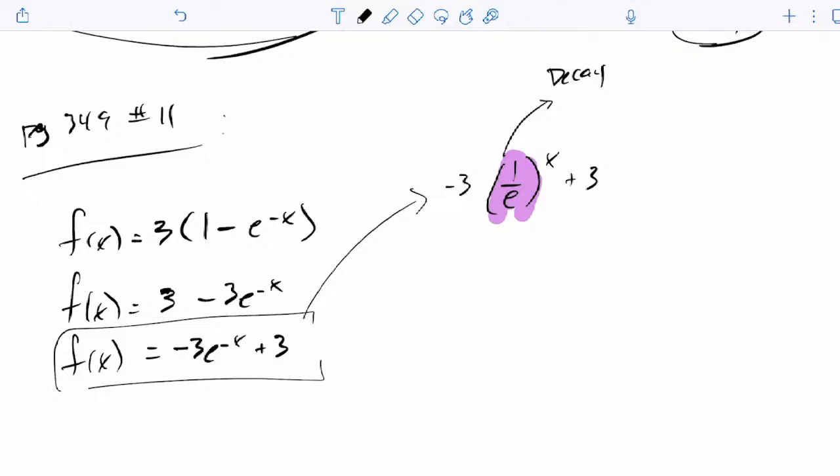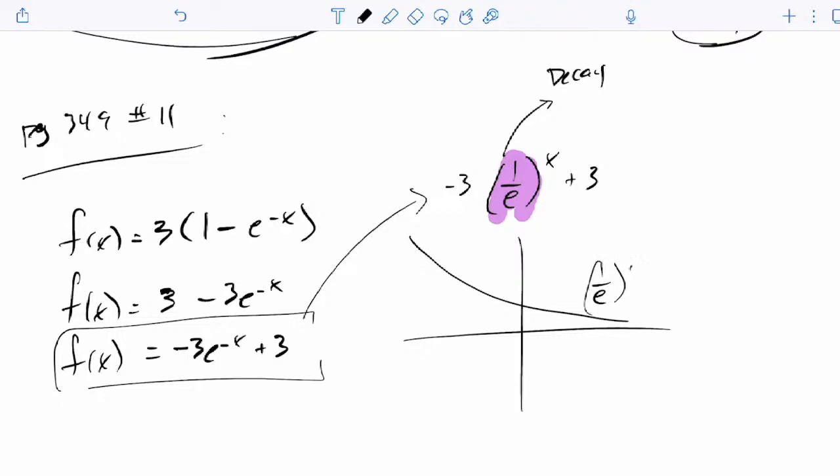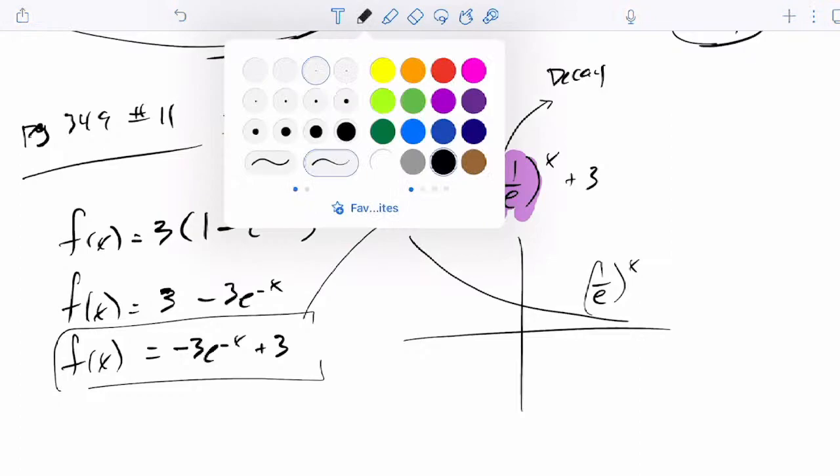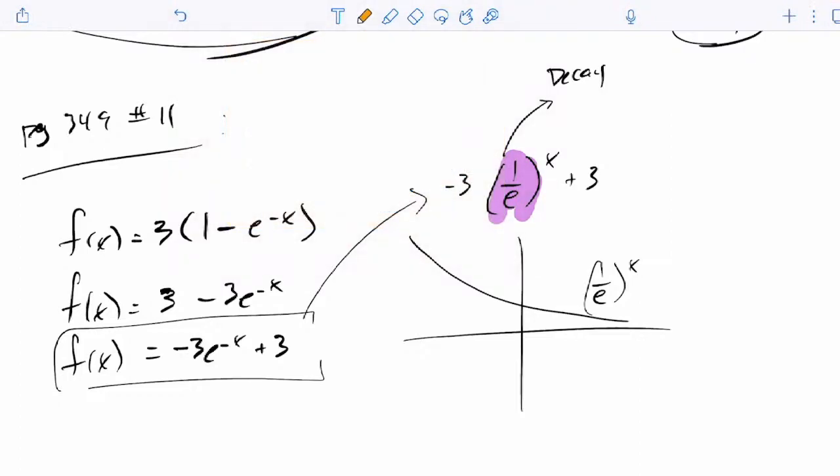So for this one here, this is just a decay function. Your decay looks like this. So this is 1 over e to the x. And then if you apply a minus sign to this, and then put a factor of 3 on it, it's going to go something like this.